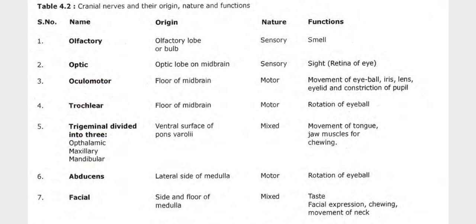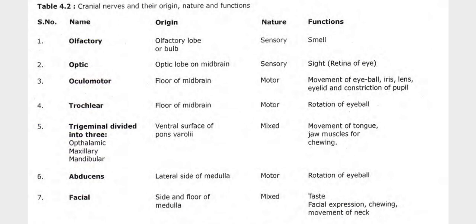Then trochlear, floor of midbrain, nature motor, functions rotation of eyeball. Then trigeminal divided into 3, ophthalmic, maxillary and mandibular. Ventral surface of pons varoli, mixed, movement of tongue, jaw muscles for chewing.